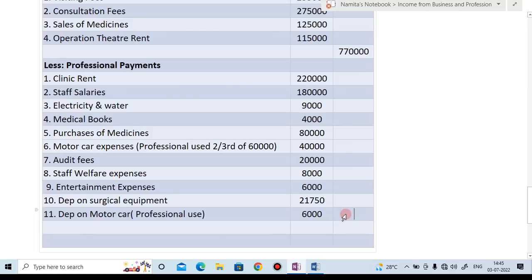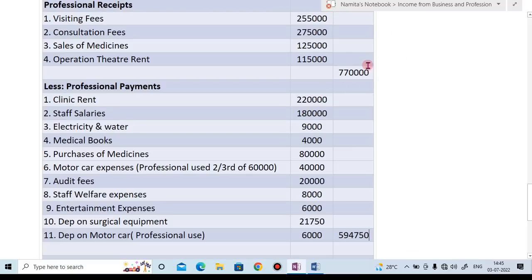So the total of professional payment is 5,94,750.